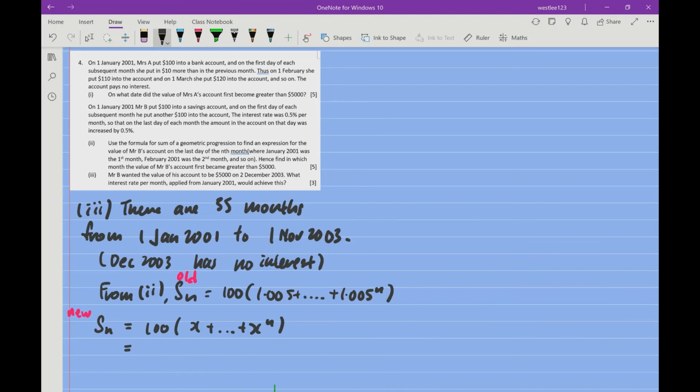So if I put this together as the sum of GP, I will have x^n minus 1 over x minus 1. For the n, you can put 35 because it's 35 months of interest.